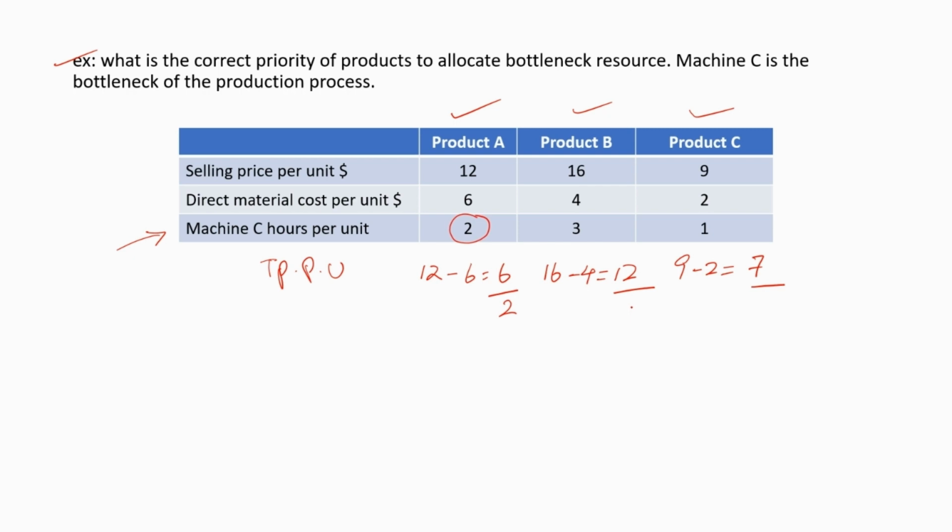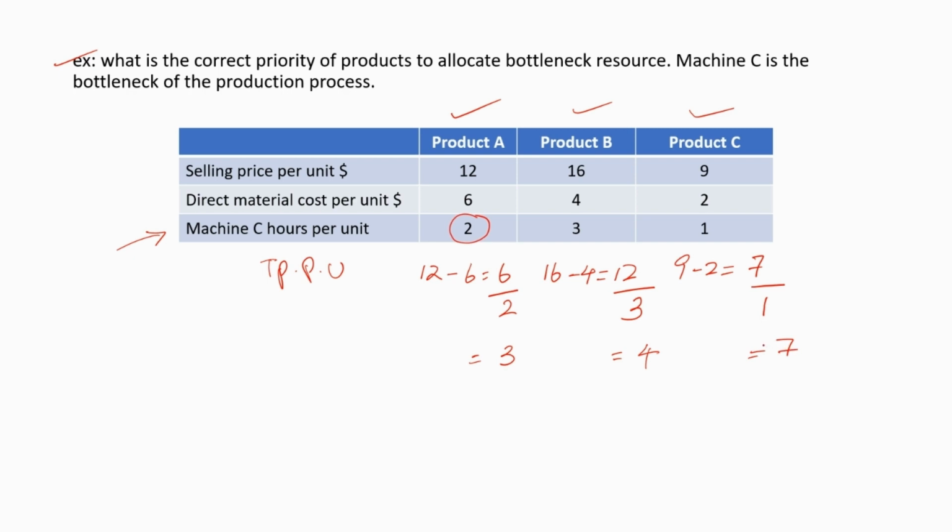And for product B, we can divide 12 by 3 hours. We can divide 7 by 1 hour for product C. So these are the throughput per unit per bottleneck resource. So this is 3, this is 4 and this is 7.